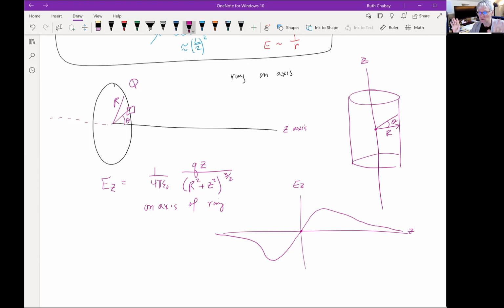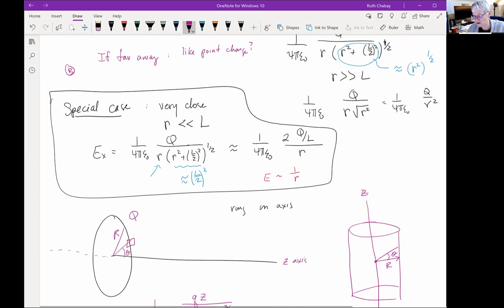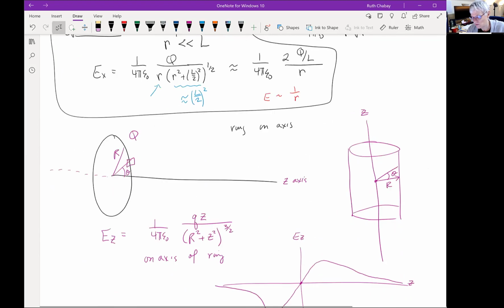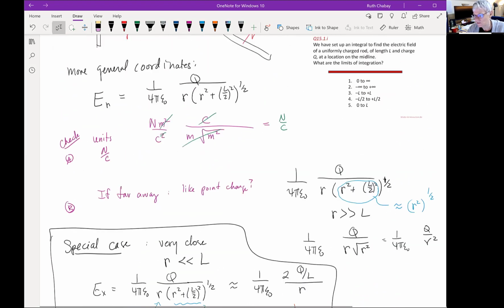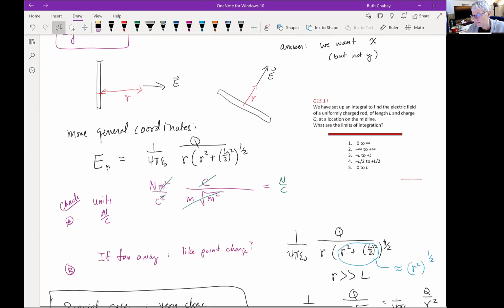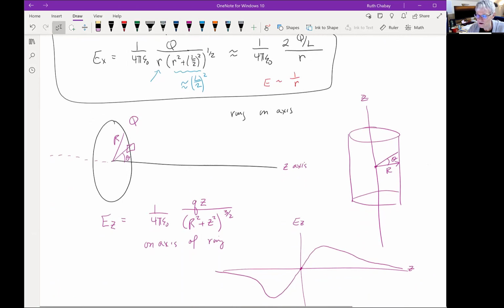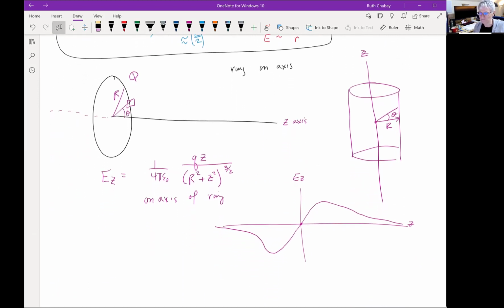Oh, yes. So do you need to memorize any of this stuff? No, you don't need to memorize the field of a ring. You don't need to memorize the field of a rod. You don't need to memorize the field of any other weird shaped thing we calculate. That will absolutely be given. You need to know the electric field of a point charge.